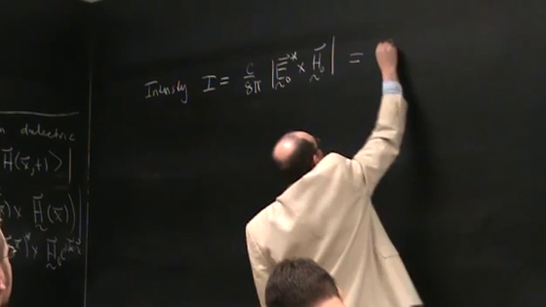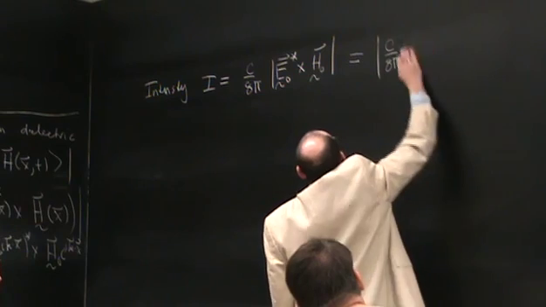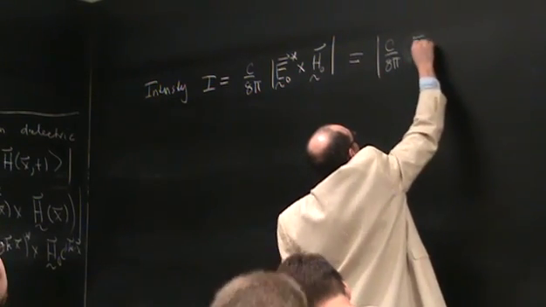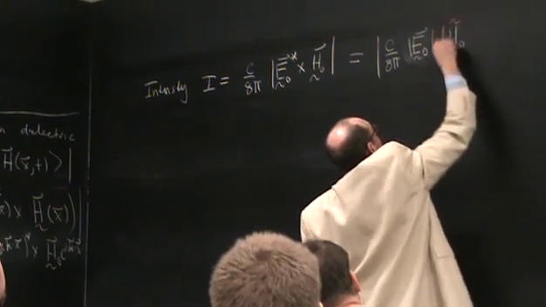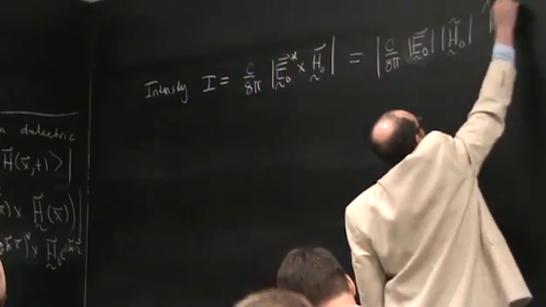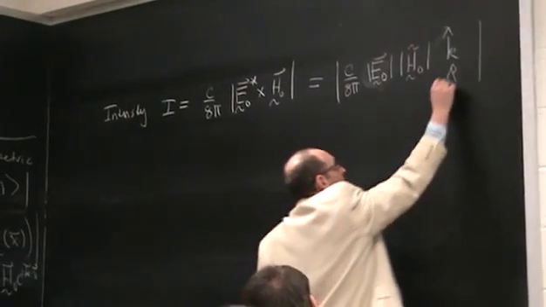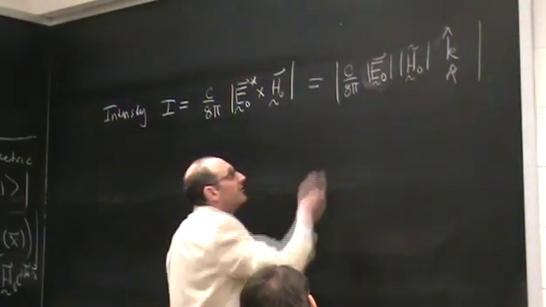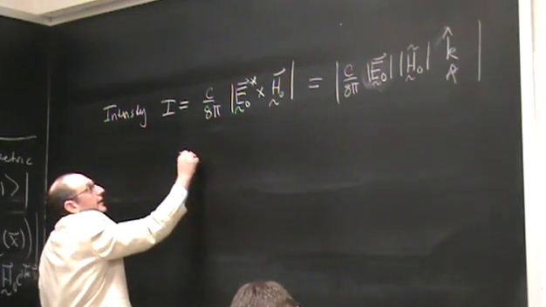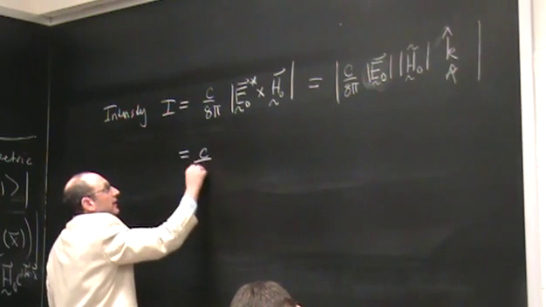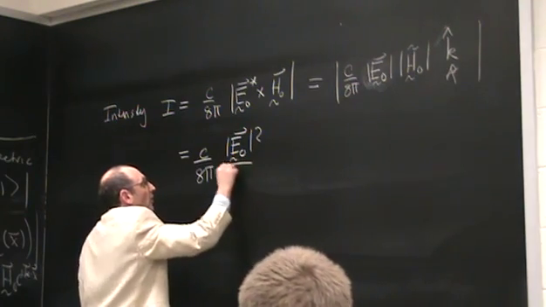Which is equal to c over 8 pi, the magnitude of E0 and H0, because they are perpendicular to one another, in the k-hat direction. Okay, so the propagation direction is the direction of flow of S, and the intensity is the magnitude of that. The intensity thus is c over 8 pi E0 squared over the impedance.